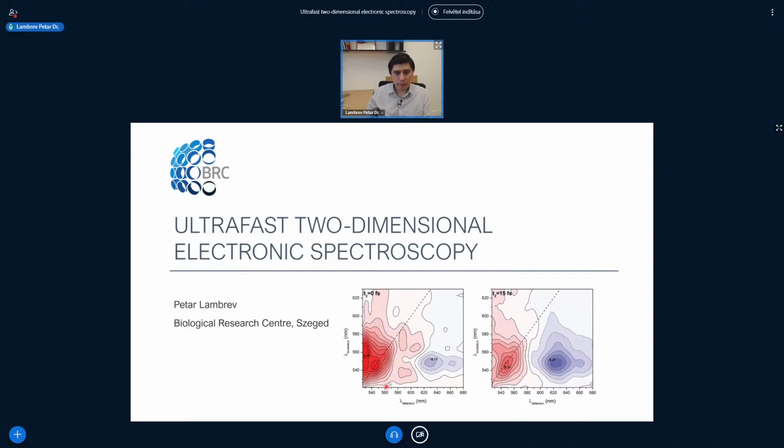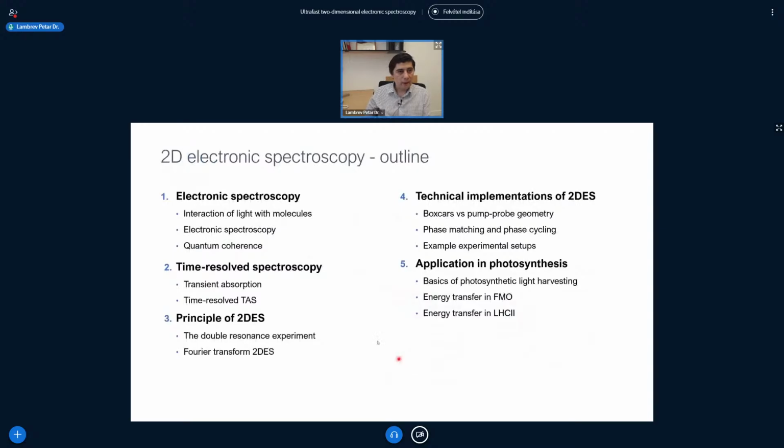Now, here is the outline. I'll try in this time to introduce mostly the technicalities and principles of the method, but we will start easy with the basics of electronic spectroscopy, which is, of course, very familiar to everybody. And then we will add on the time dimension and talk about transient absorption spectroscopy.